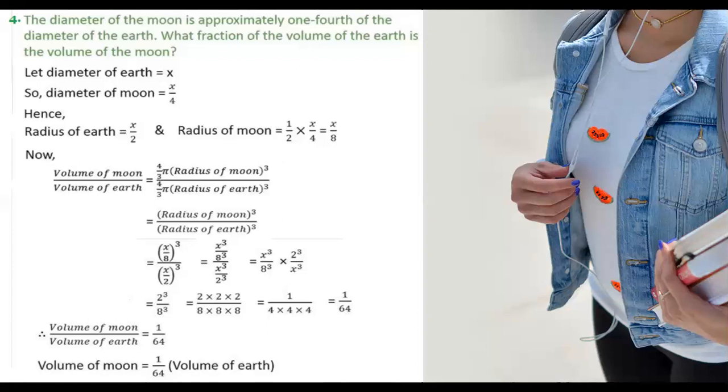So it is x by 8 cube by x by 2 cube. By solving we get it as 1 by 64. So volume of moon is equal to 1 by 64th of the volume of earth.